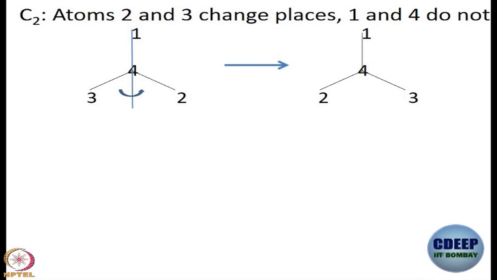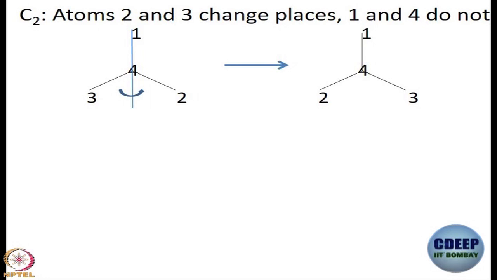Alright. Now, as a result of this C2, what will happen? Which atoms move from their original position? Yes, 3 and 2 will interchange. 1 and 4 remain in their own position. This is how the picture is going to be. So, I hope it is not very difficult to understand that 2 and 3 will make no contribution to the character.